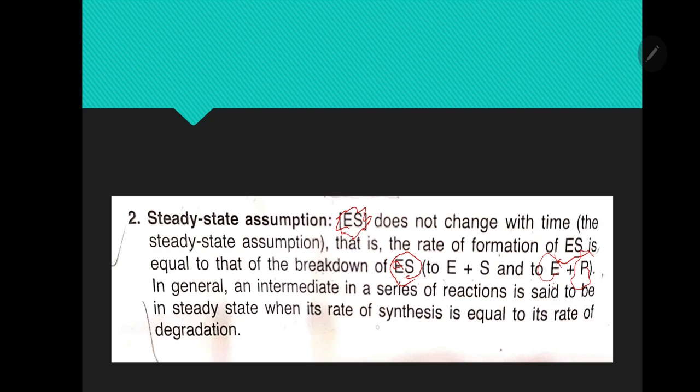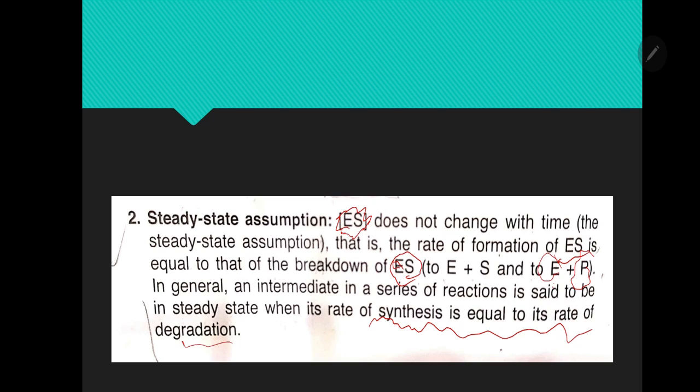An intermediate in a series of reactions is said to be at steady state when its rate of synthesis is equal to its rate of degradation.